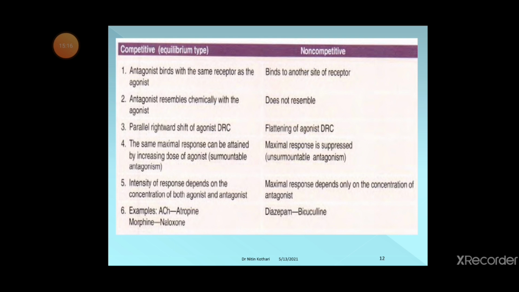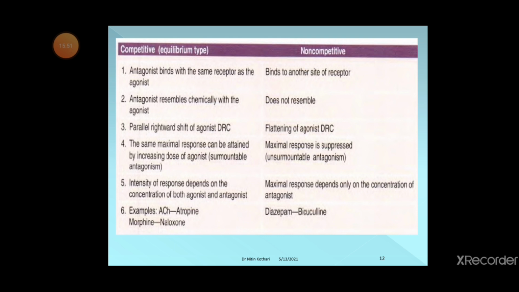When you give a competitive antagonist in the presence of an agonist, the effect of the agonist is reduced, and to show its effect, you will increase the dose of agonist. Now when you have increased the dose of agonist, the concentration of antagonist is reduced in comparison to agonist.